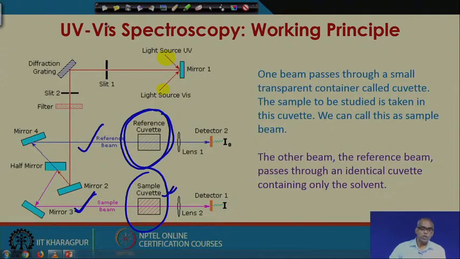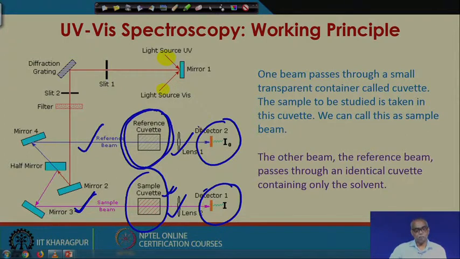The light that comes out of both the cuvettes goes to detectors. Here the detector measures how much light is absorbed, because here the light is passed through the solution. Here the light is passed only through the solvent, there is no sample which I am investigating. Here it measures I 0.